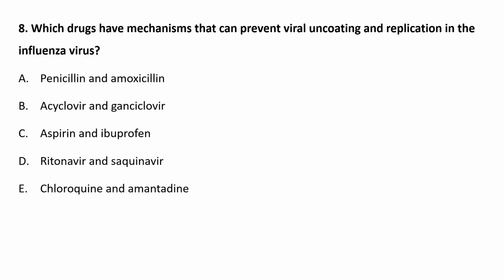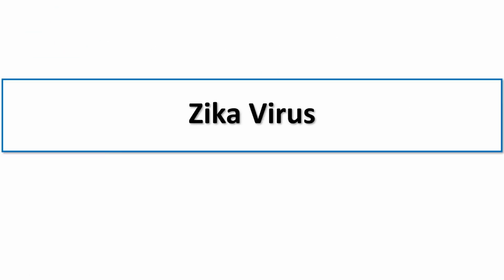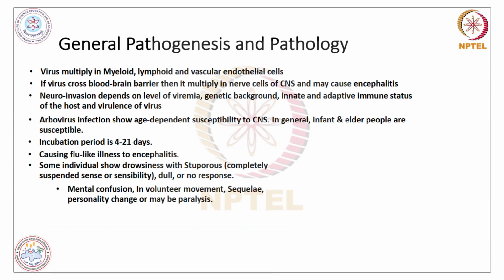Next question was, which drug has a mechanism that can prevent viral uncoating and replication in the influenza virus? Chloroquine and amantadine. These target your M2 ion channels, like in the initial slides, you might have seen that.